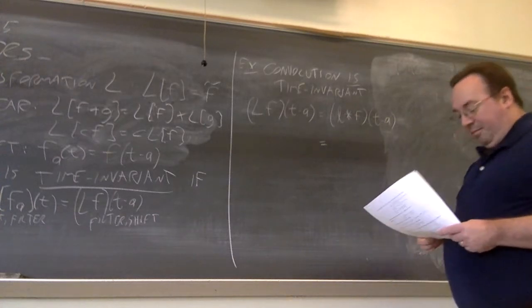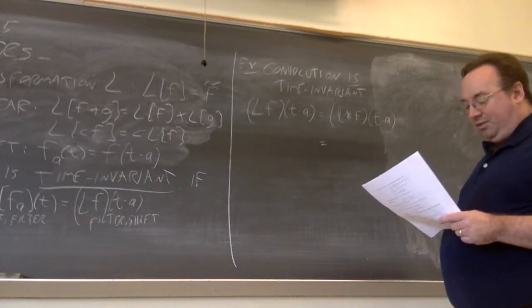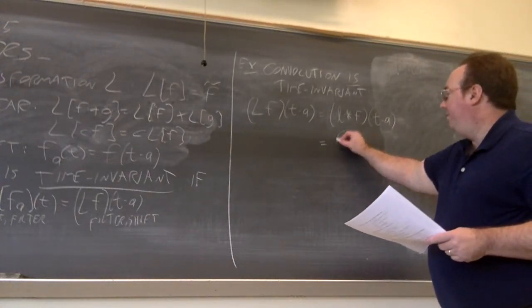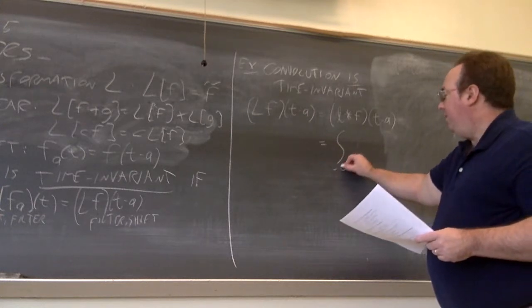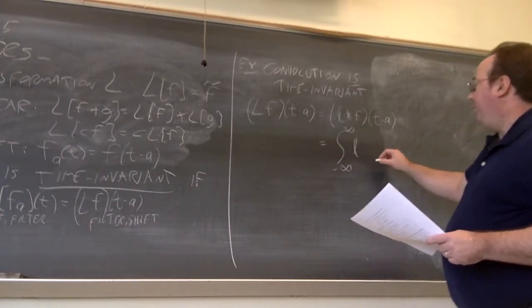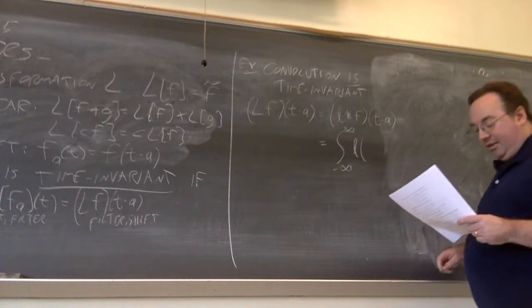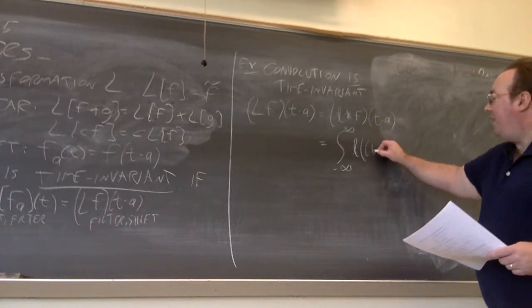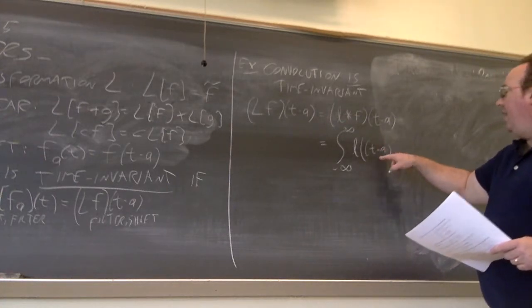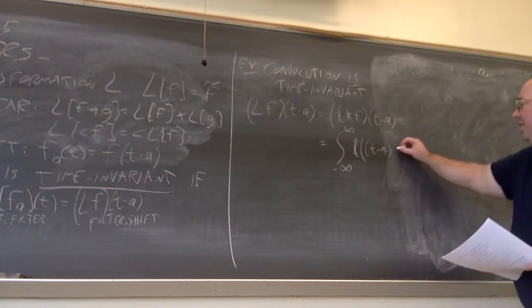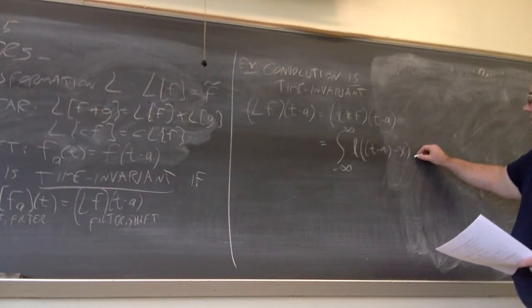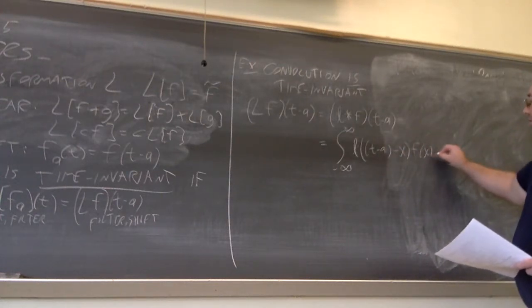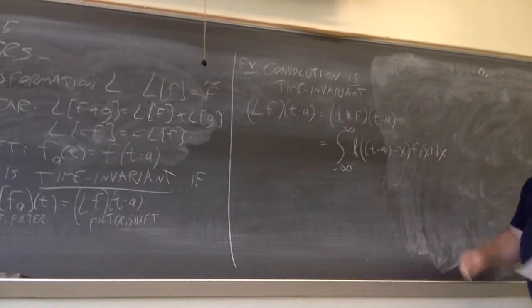So in terms of the definition of a convolution, that'd be the integral from minus infinity to infinity. We take the filtering function L, and we have t minus a being plugged in here, minus x, and then we have f of x dx.